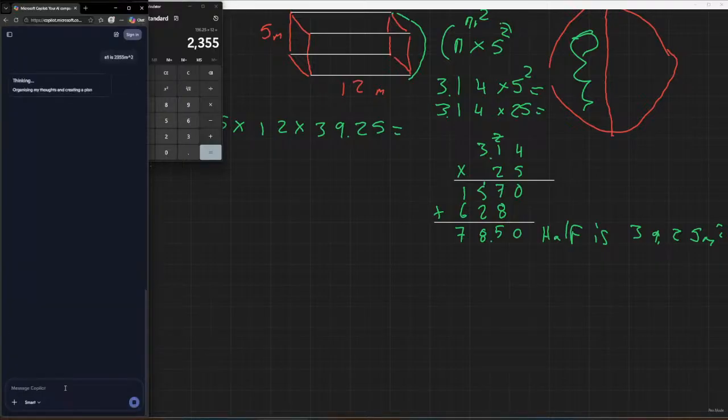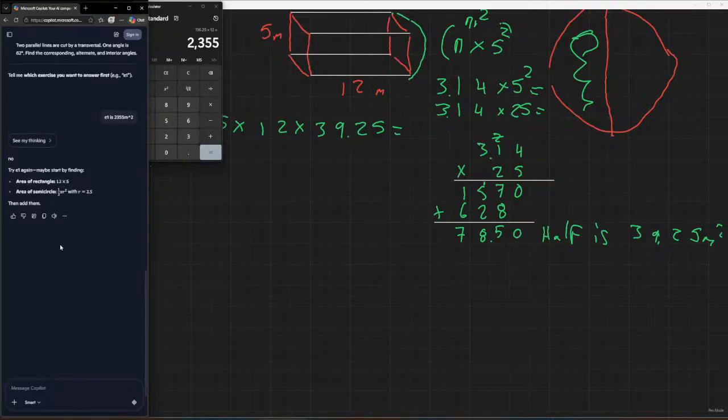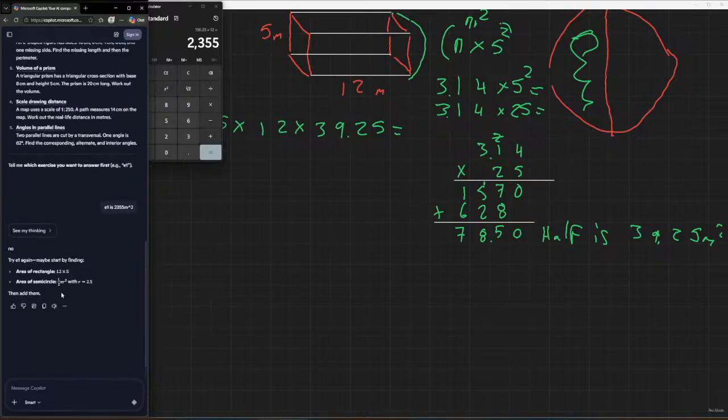Maybe wrong. Ah, 2.5. Yeah, because it's the diameter. My mistake here was that I need to find 2.5.